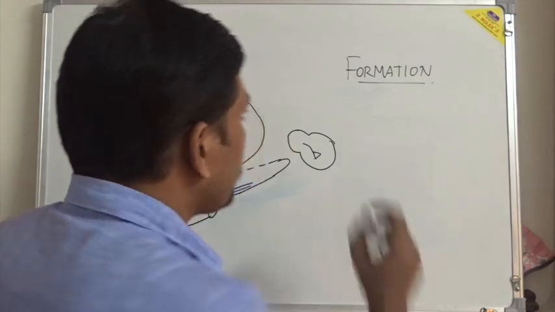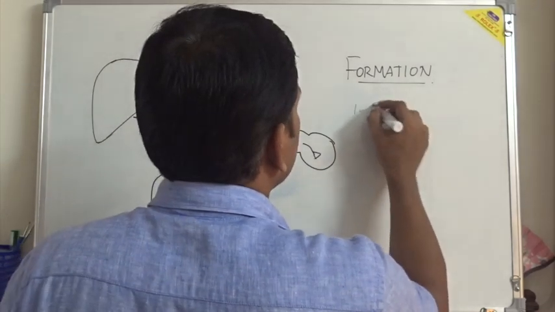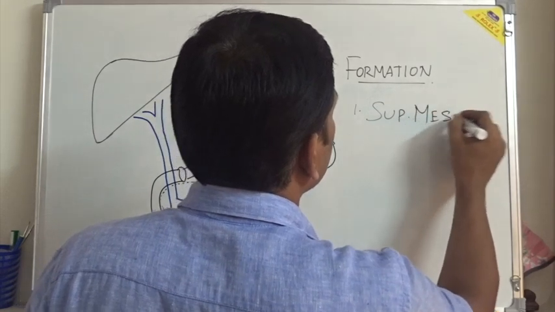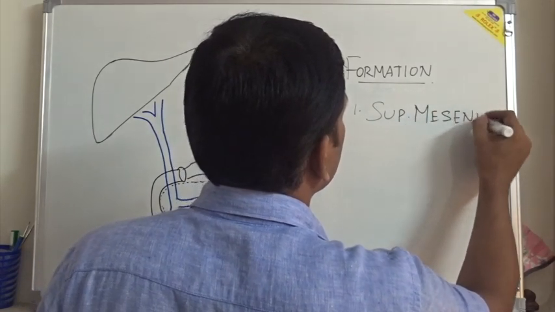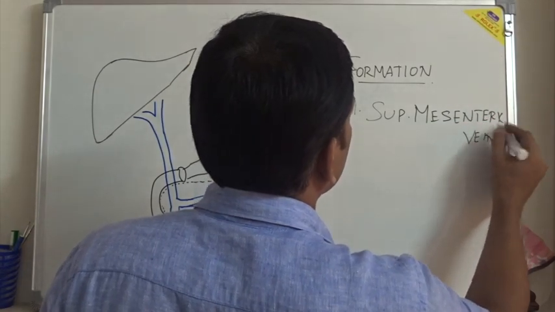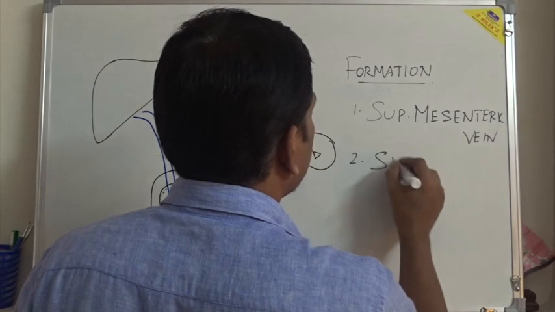They are nothing but, first one is the superior mesenteric vein, and second one is the splenic vein.